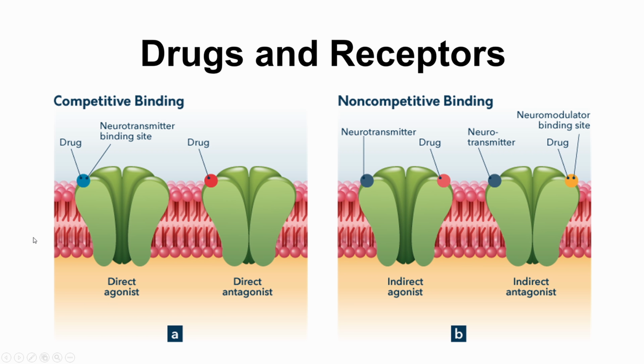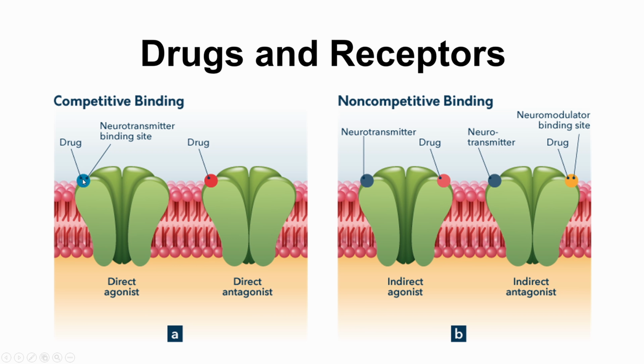We can also have what's called an antagonist, and that's when the drug prevents the receptor from acting. So what happens there is that the drug would bind and prevent dopamine from doing anything. And it can work in two ways. It can either be direct or indirect. So I've been pointing at our competitive or direct competition.